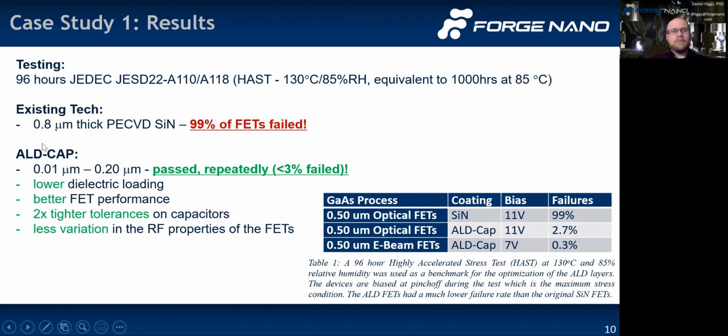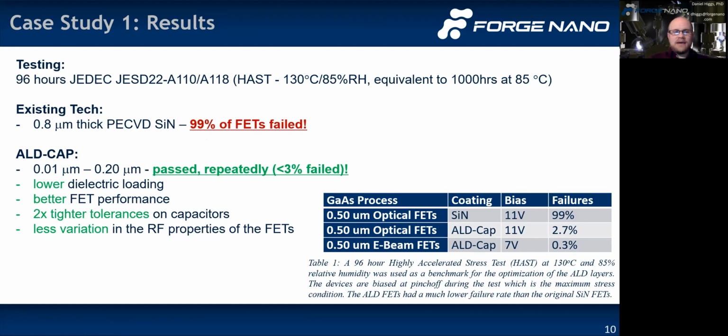So in terms of what happened, well, the existing tech completely failed this very harsh test. In fact, 99% of the FETs failed. When we did the ALD-CAP technology ranging from 10 nanometers to 200 nanometers, we mostly passed. I mean, we had a 97% pass rate, or higher than 97% pass, or another way to look at that is to say less than 3% failure.